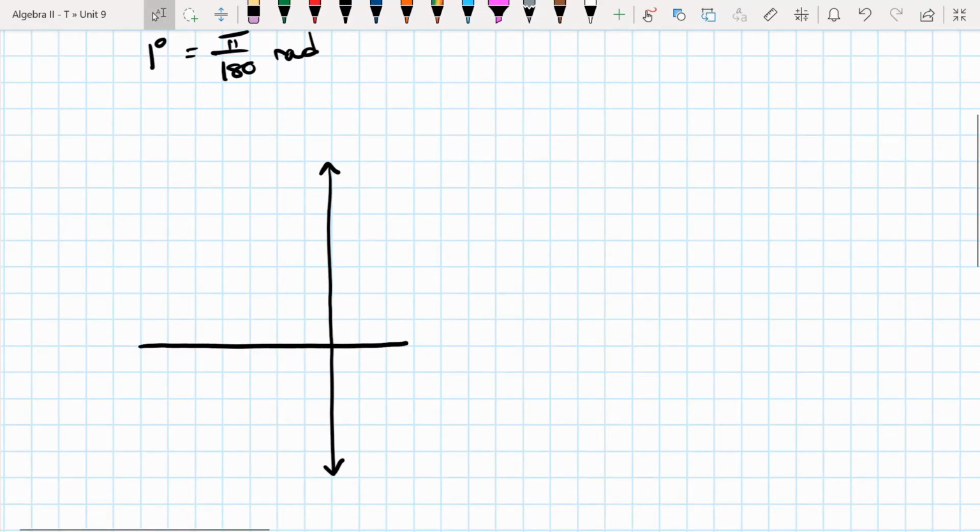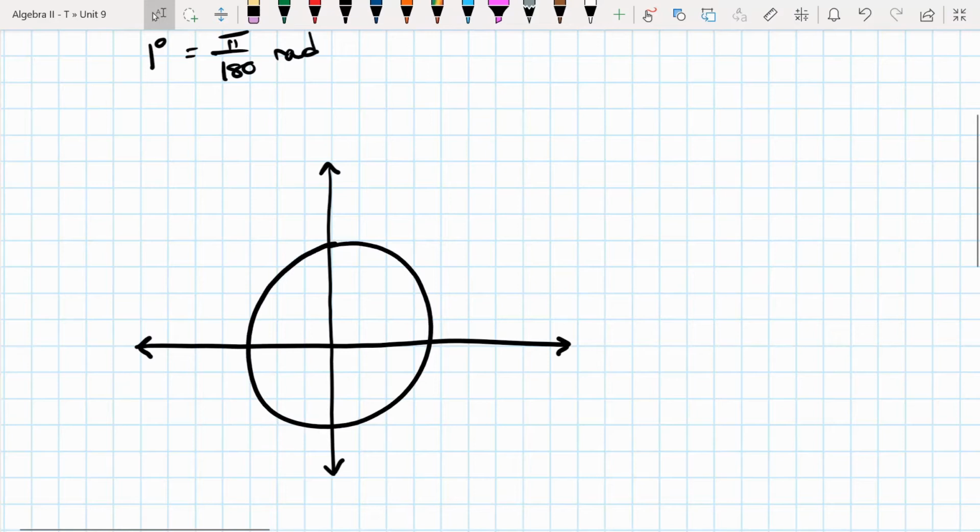If I have a circle on a coordinate plane, and the radius of that circle is 1, I can break up this coordinate point here into a y value and an x value.